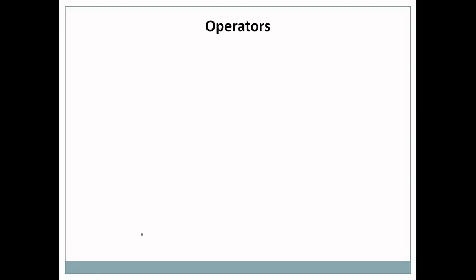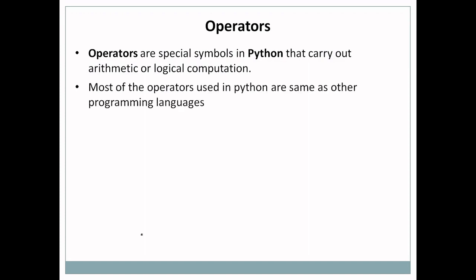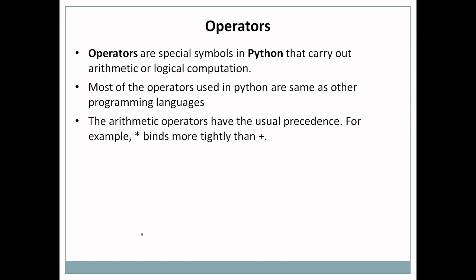Next, operators. Operators are special symbols in Python that carry out arithmetical or logical computations. Most of the operators used in Python are the same as in other programming languages. The arithmetic operators have the usual precedence.